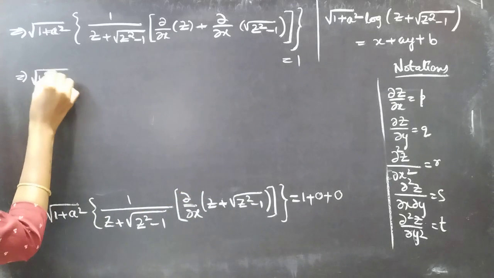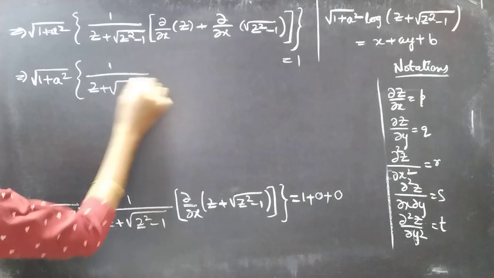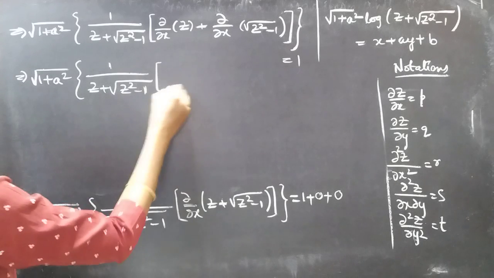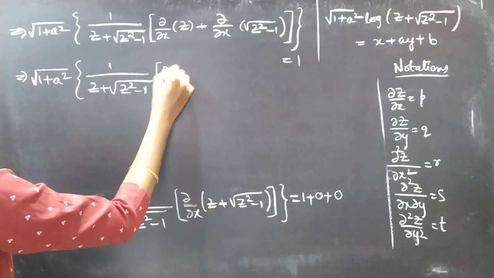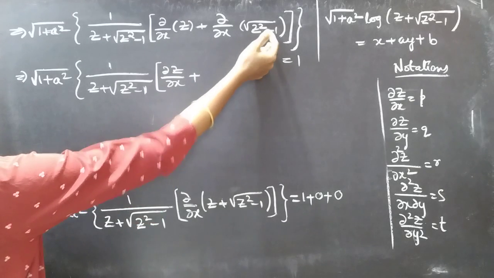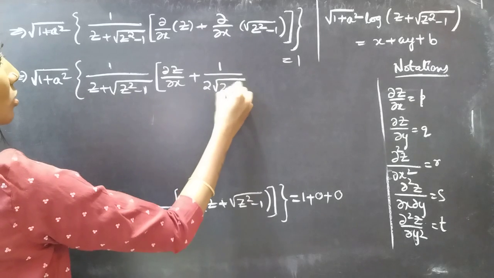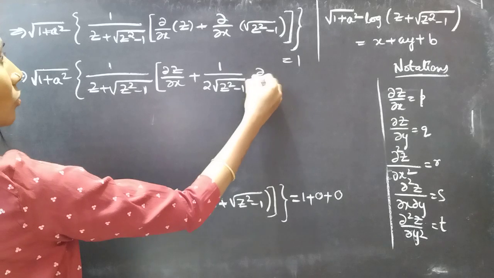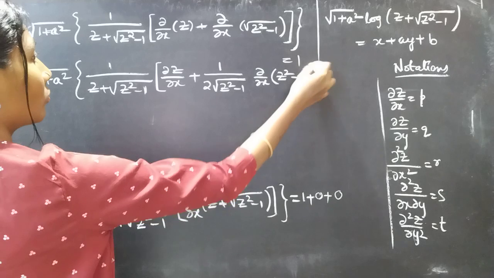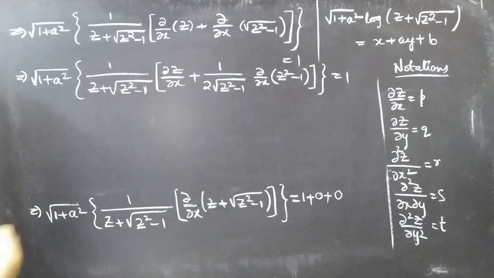This gives us square root of 1 plus a square into 1 by z plus square root of z square minus 1 into partial derivative of z with respect to x, dou z by dou x, plus partial derivative of square root of z square minus 1 is 1 by 2 root z square minus 1 into inner derivative, that is dou by dou x of z square minus 1, equal to 1, right?